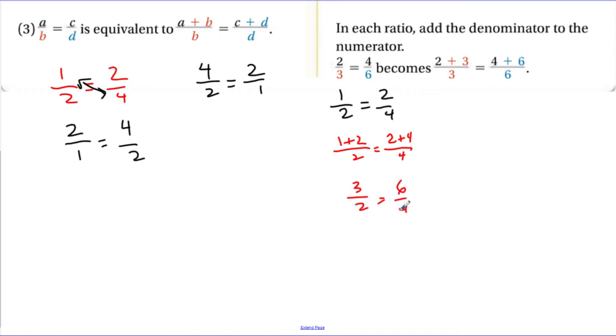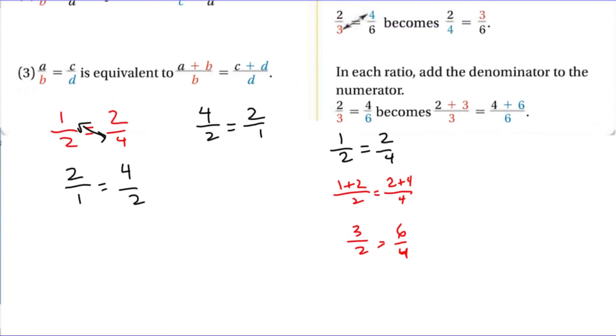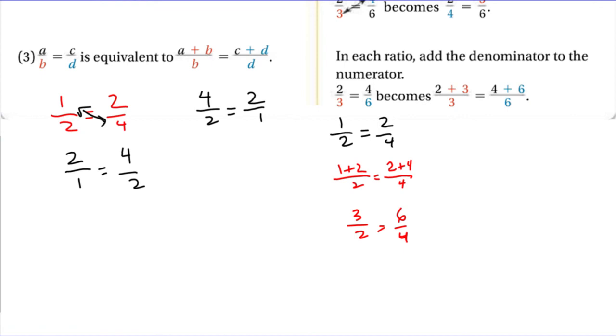And if you notice, that is true because 6/4 does reduce down to 3/2, right? So this is just another property that we can use, which sometimes allows us to simplify or solve more complicated proportion problems, right? So we're going to apply these properties in future lessons in order to expand some of our ideas of proportions, and we'll use some of them in order to solve.